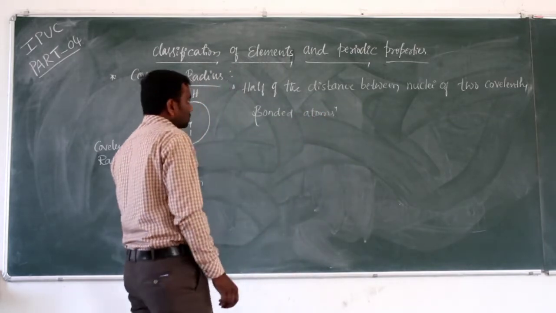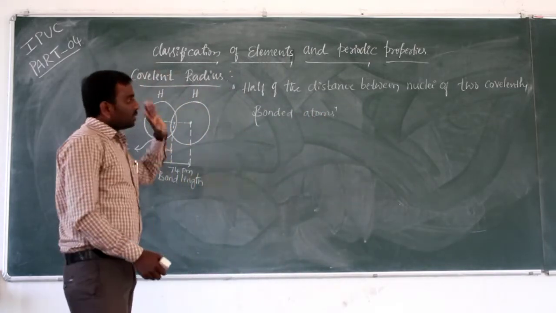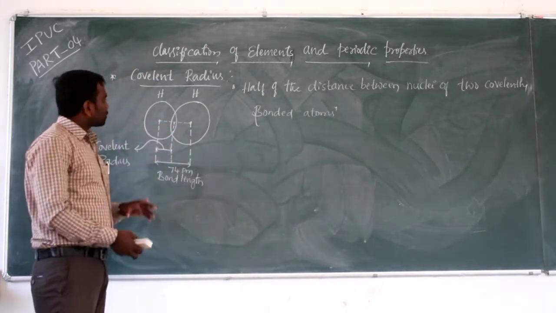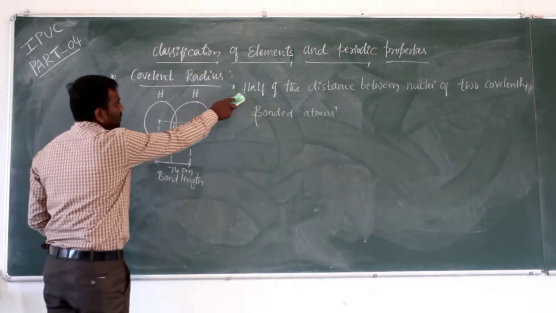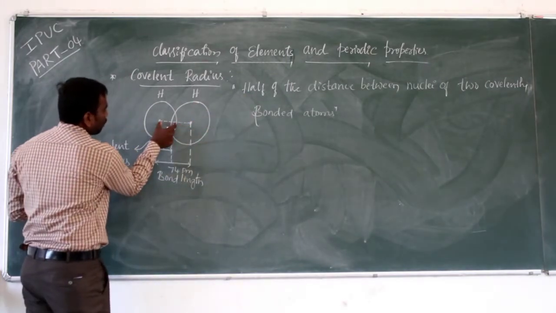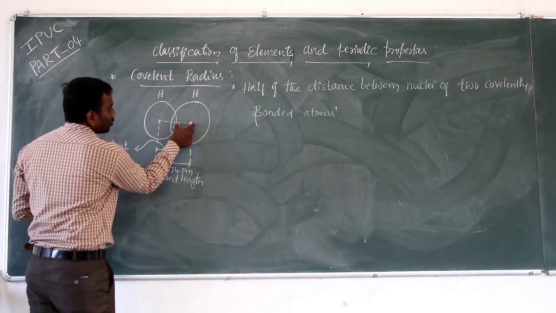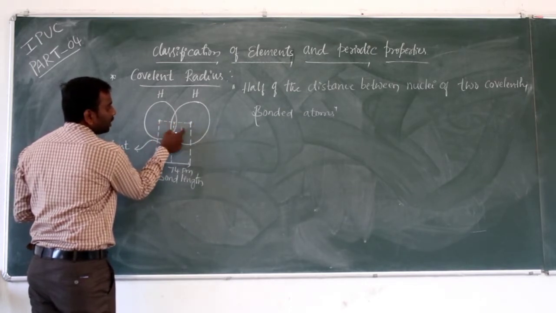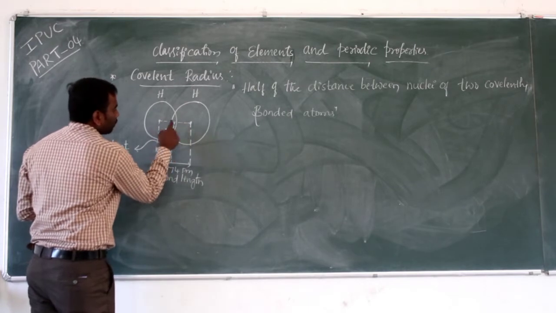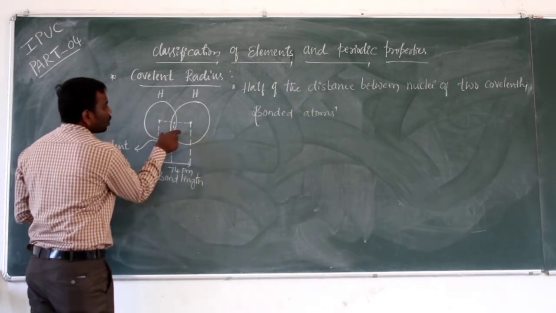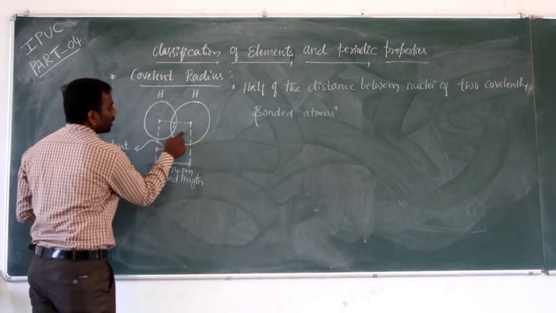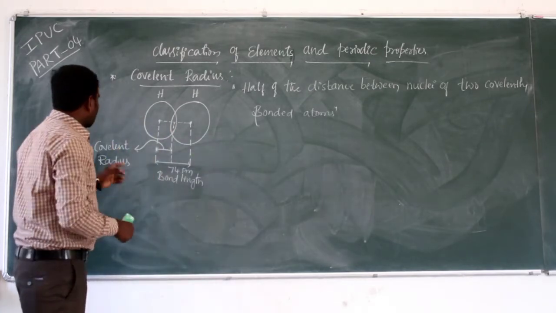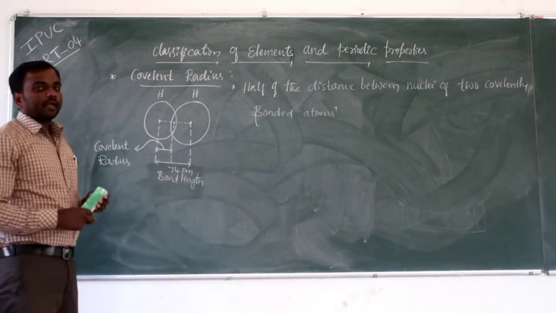That is called covalent radius. See, another point here, students. This is half of the distance, right? It is one half. See, half of the distance between the nuclei of two covalently bonded atoms is called covalent radius.